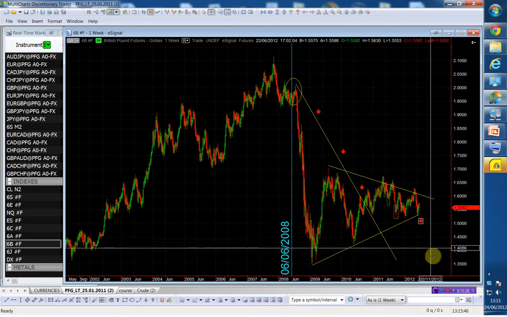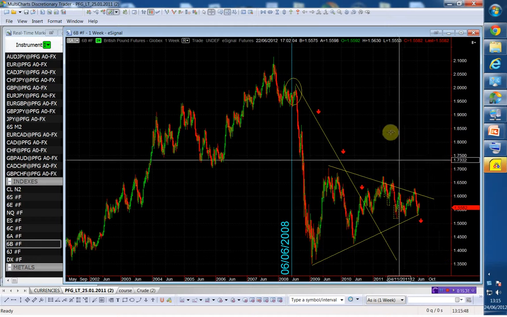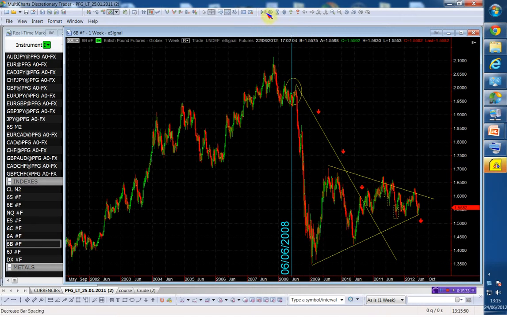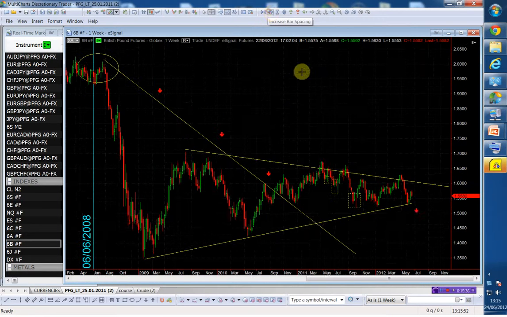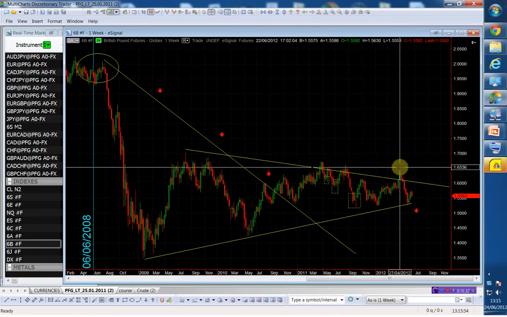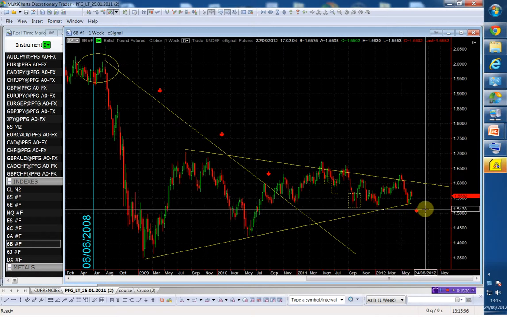So I'm looking for continuation to the downside, and you can see from the chart that it has been failing to make higher highs and it's failing to make lower lows. It has yet to break in one direction, so it is more or less range bound with a downward bias.